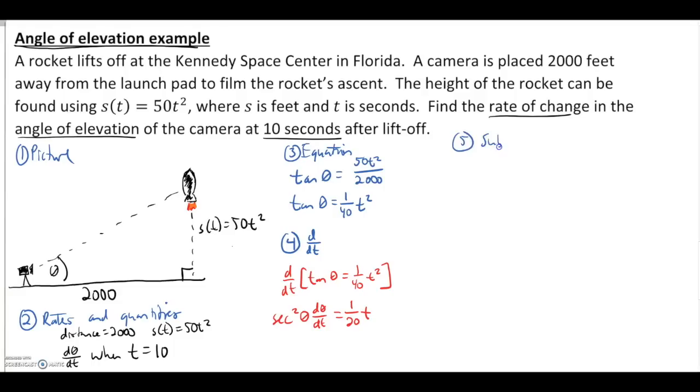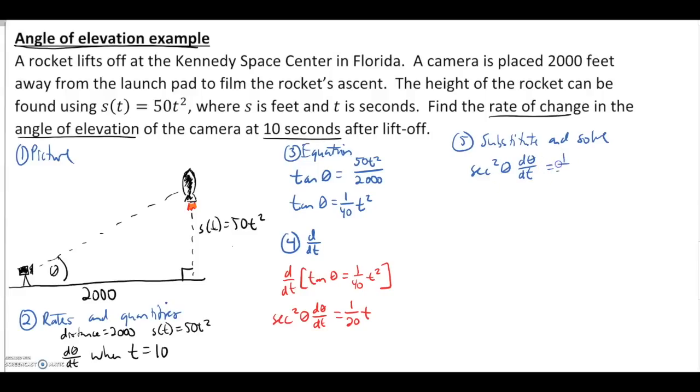And so we're going to get a tiny issue with the substitute and solve part, because if we're looking at secant squared of theta d theta dt, I have the unknown that I want, but this secant squared theta we're going to have to figure out.